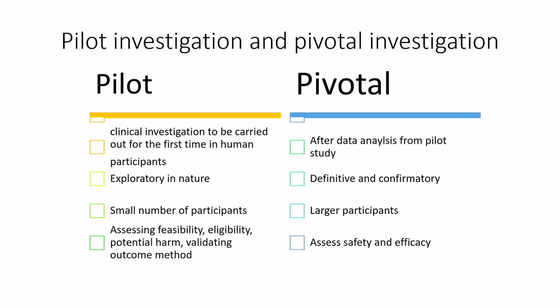In a pilot study you have a smaller number of participants, and pivotal has a large number of participants. I'll give you an example. Say I want to test the efficacy of diabetic insoles. I've created a new type of diabetic insole, and I want to test it on 10 or 20 participants.